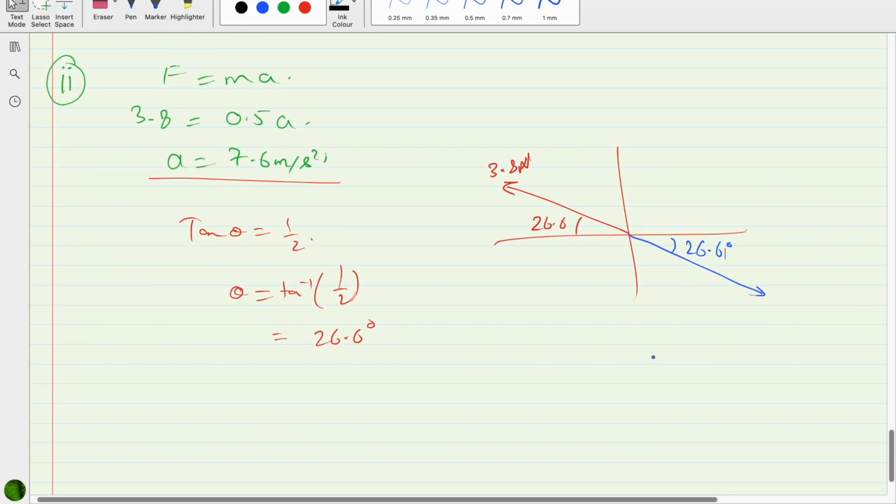So now we can say either 26.6 with positive x-axis or below that as shown in the diagram, or I can say it is at a bearing of, now this is 90 plus 26.6, it is at a bearing of 116.6 degrees.